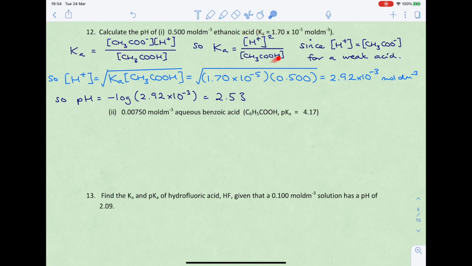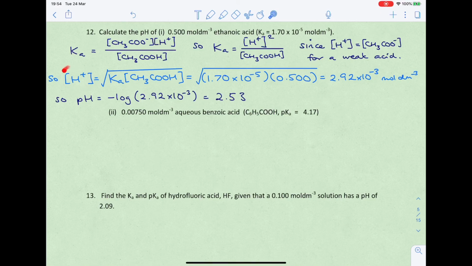Rearranging this, we will get H plus equal to the square root of Ka times the concentration of the weak acid, in this case ethanoic. We know the Ka value because we're given it, and we know the concentration of the acid as we're given it as well. We multiply these together, take the square root, and we get this value for the concentration of H plus ions.